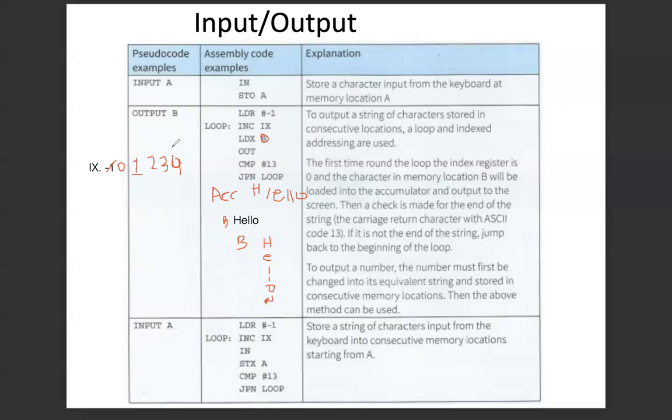It's not the carriage return, in which case I'll move on one more place. This time my IX will be 5, and my ASCII value will have this carriage return character in it. If my carriage return character is equal to 13, which it is, I will simply exit my loop and move on from here.